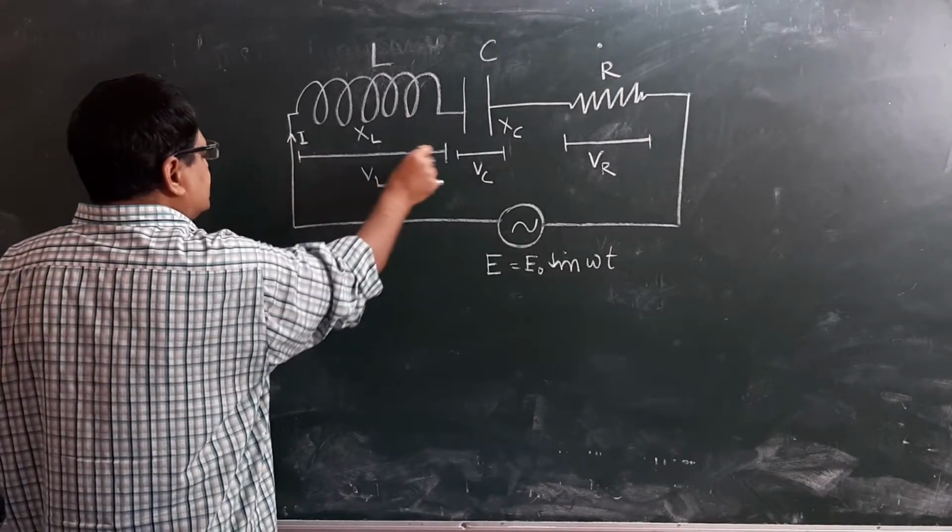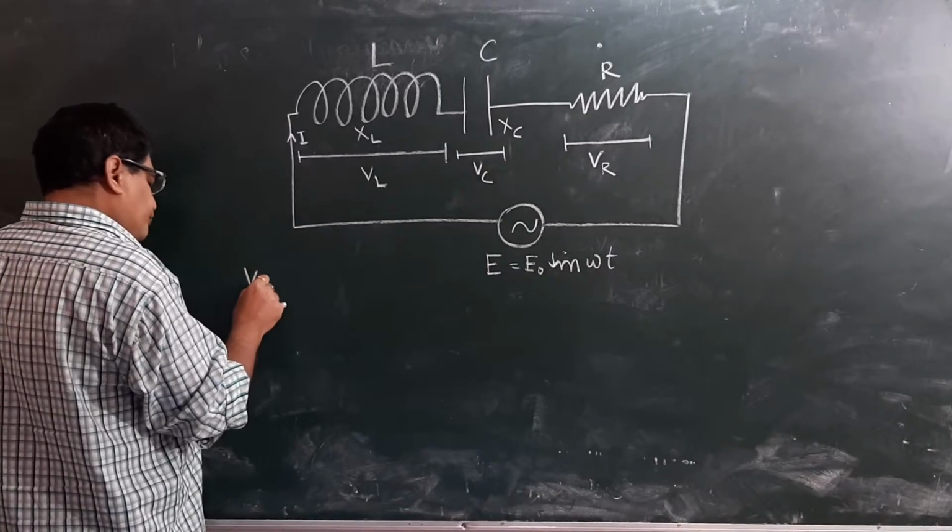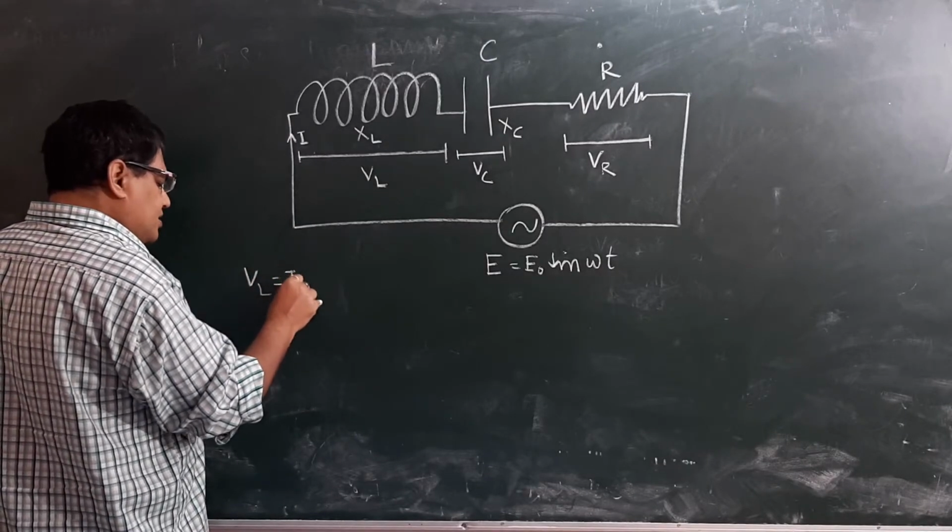voltage drop across the inductor, that is VL, is equal to I multiplied by XL.